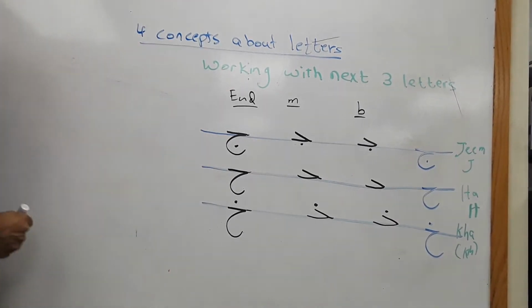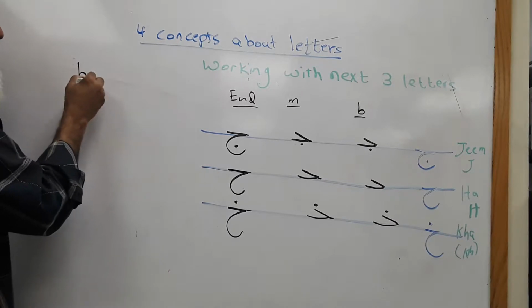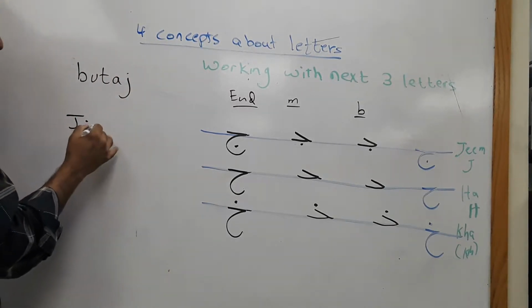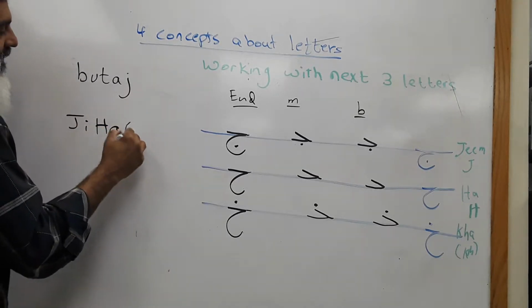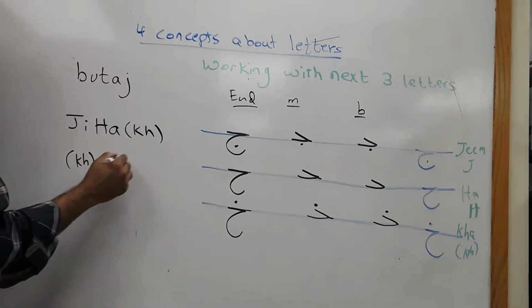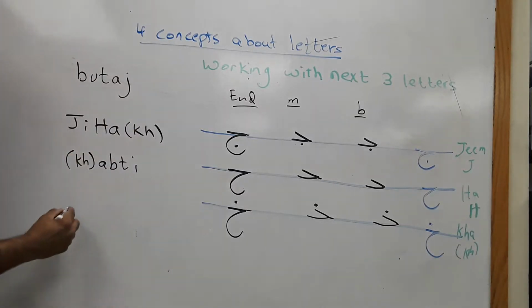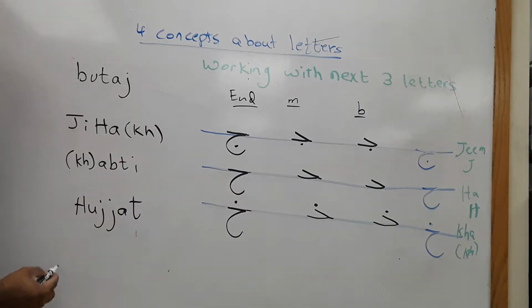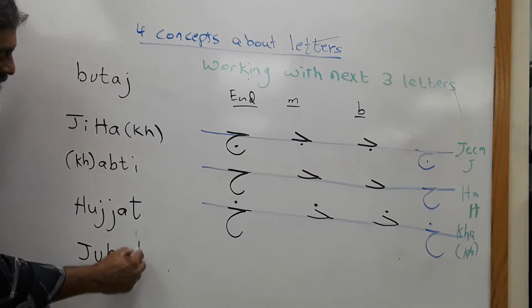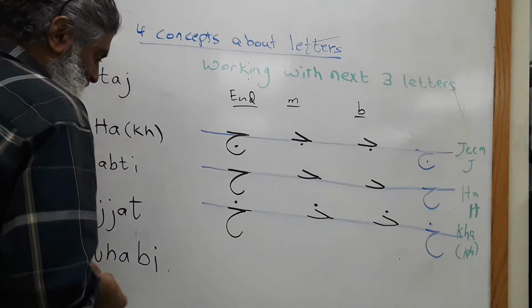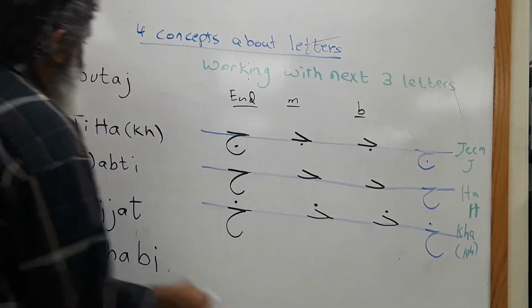For example, you want to write the word butaj, or jihah, or khabti, or hujjat, or juhabbi. Let's do that. So let's see how we will write them.